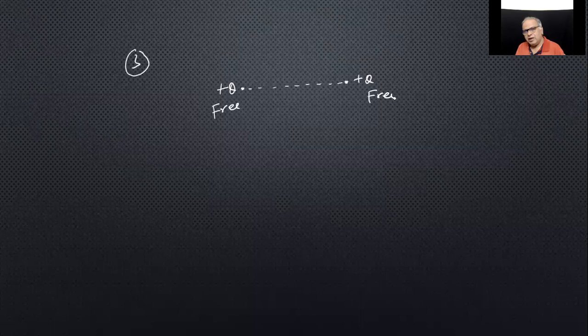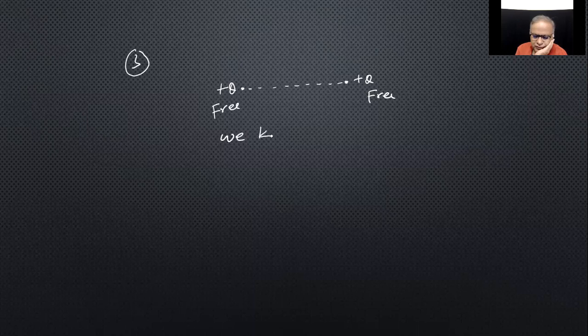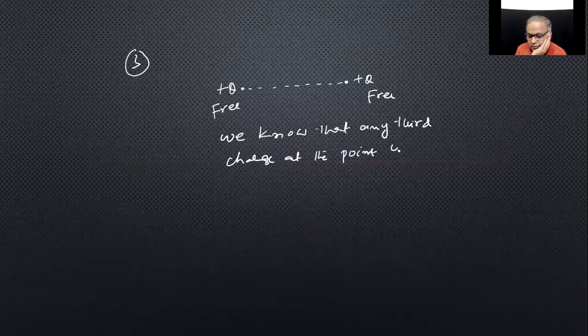We know that any charge in the middle would be in equilibrium. We already have shown it, right? We know that any third charge at the midpoint would be in equilibrium.